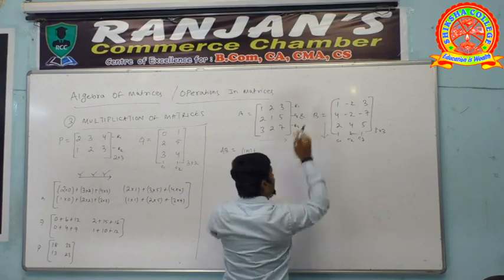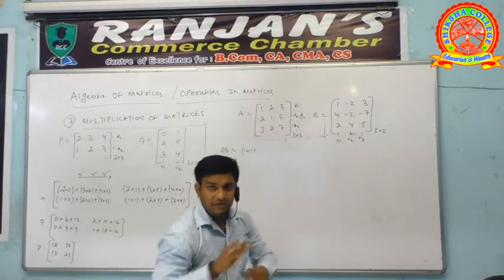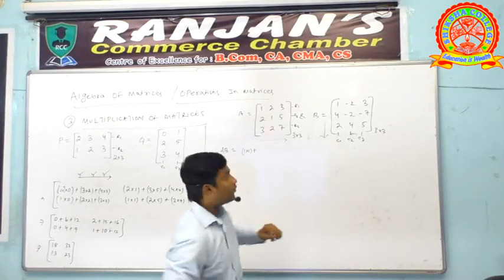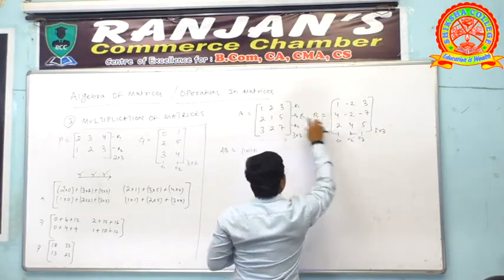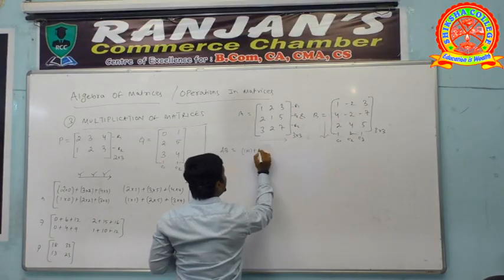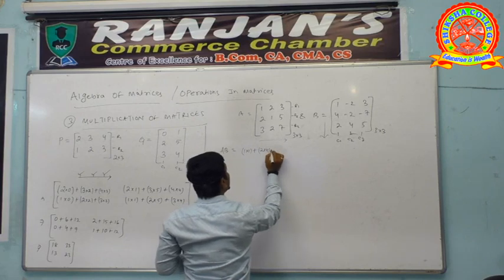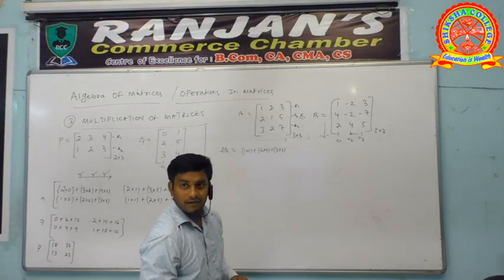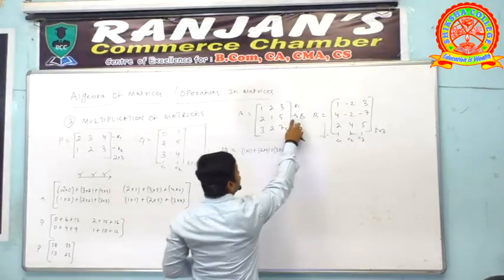Row is multiplied with column, each and every individual element. First we go with row, so row 1 to column 1: 1 1, 2 4, 3 2. Okay, complete. Then row 2, column 1.